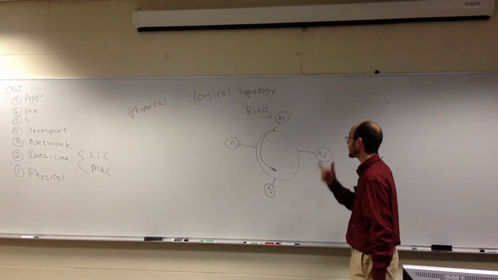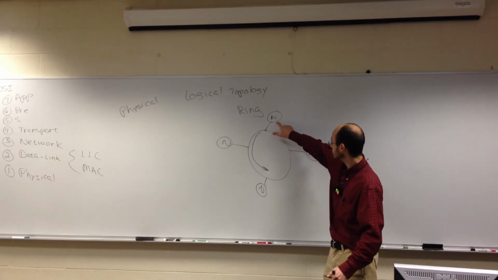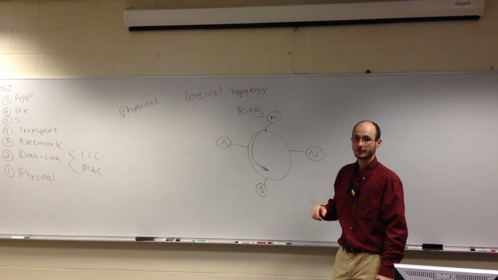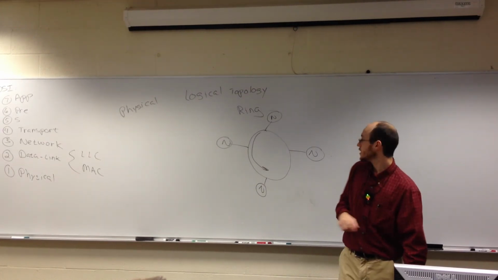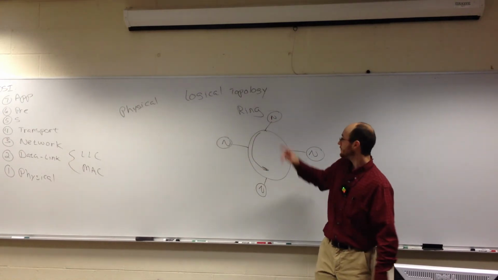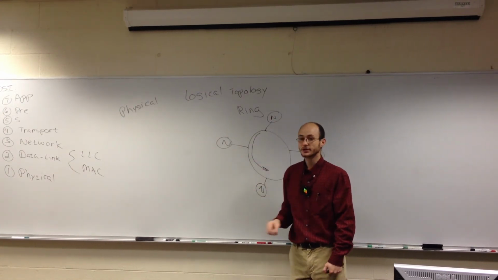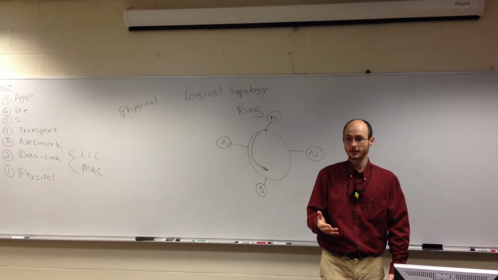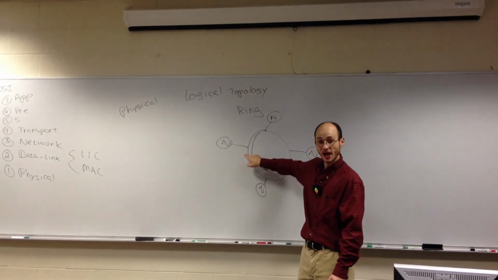What's intriguing about it is, and it's all based off the implementation, if this node wants to talk to this node, can it go this direction? Now, it's got to go this direction. If it's sending a message, can this node now talk when the token comes over here? Because the token will stop here.